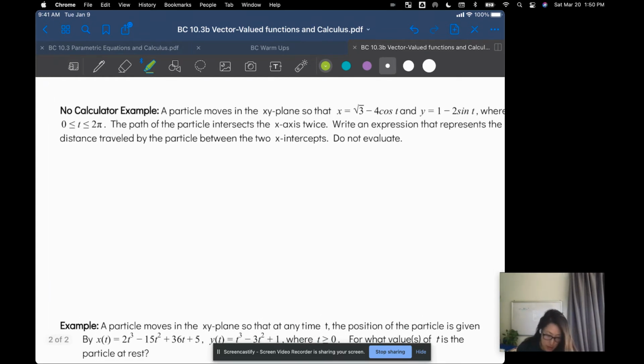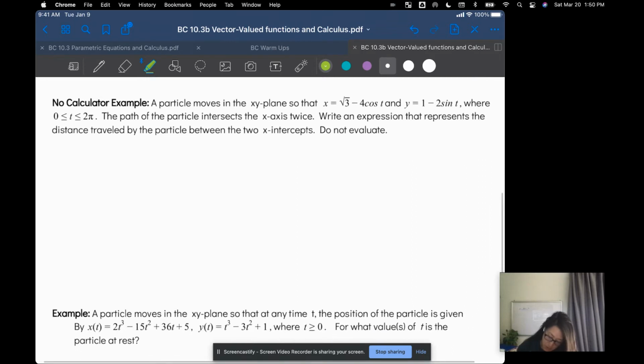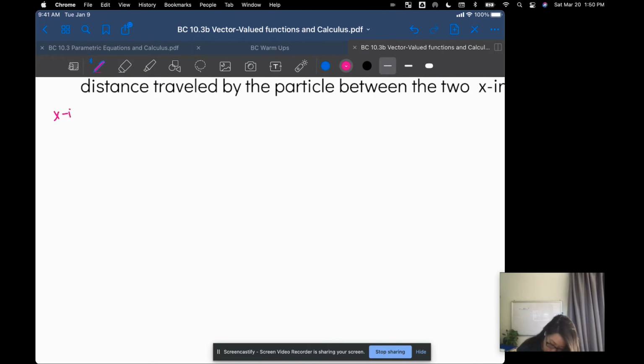So what we need to know is where the particle intersects the x-axis. We know that an x-intercept has a y value of 0. Check it. An x-intercept is when y is equal to 0, like some number, comma 0.